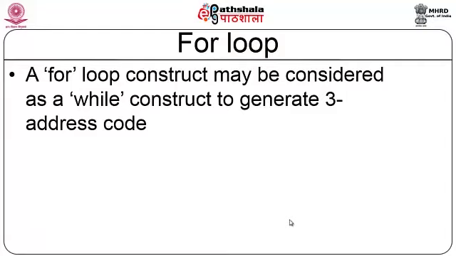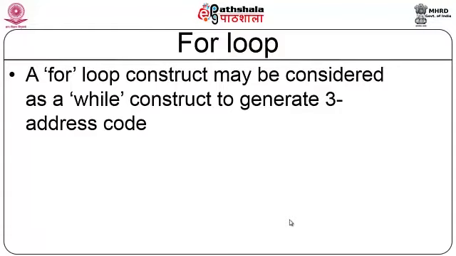Now a for can be considered as a while construct itself to generate three address code. The body of the for loop and the body of the while loop are typically the same, but the index increment is part of the for label itself, whereas in the while it will be in the body of the while.